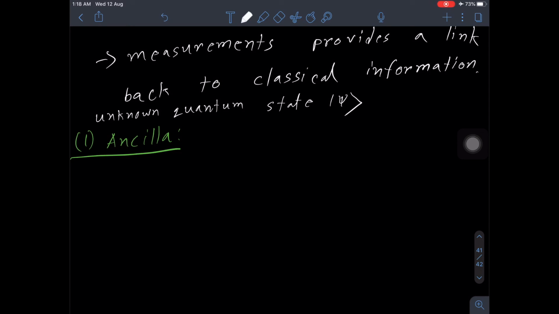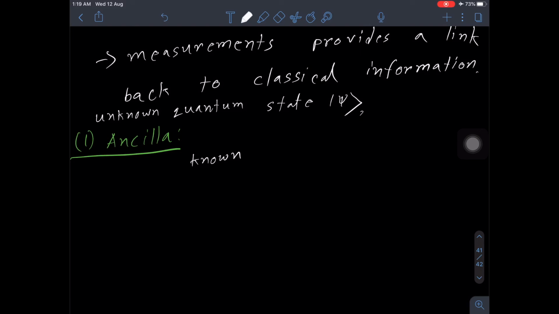I have some unknown quantum state psi, and I can do some operations on it to do quantum information processing. So what can I do? I can add an ancilla to it. What is an ancilla? An ancilla is a known quantum state.